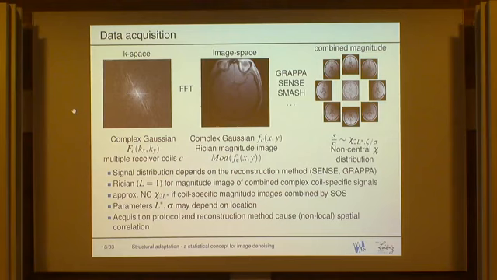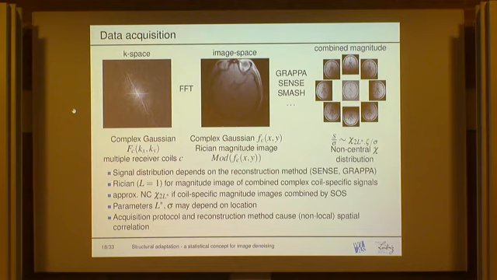And the information from the multiple coils is then combined using techniques like GRAPPA or SENSE to a combined image in image space. This has consequences, or the method used here has consequences for the distribution of the data.